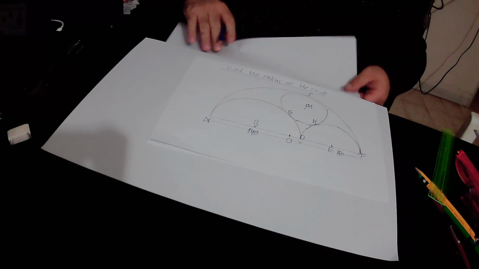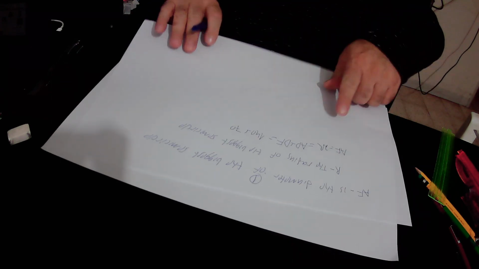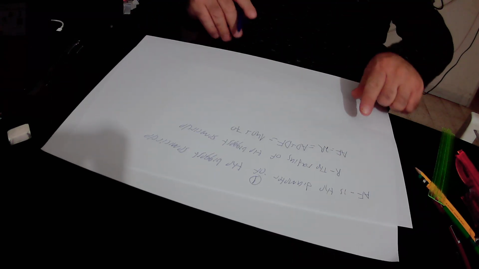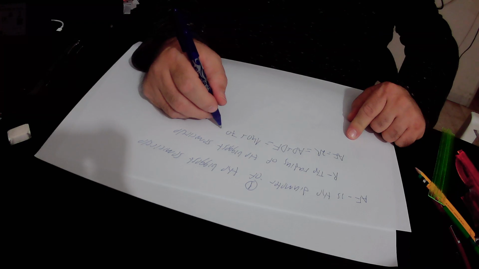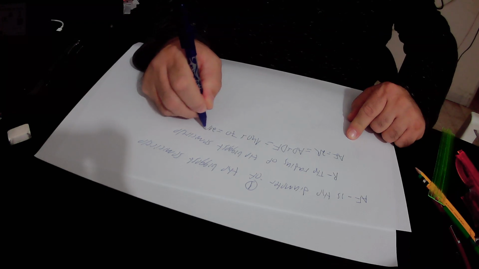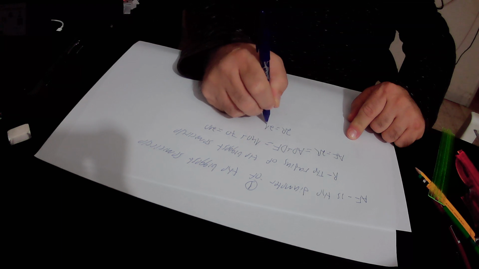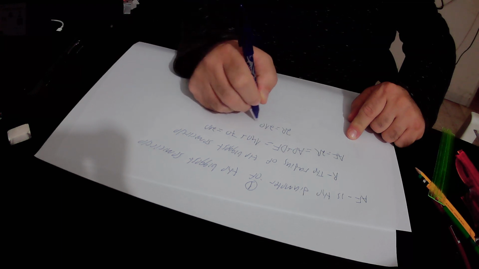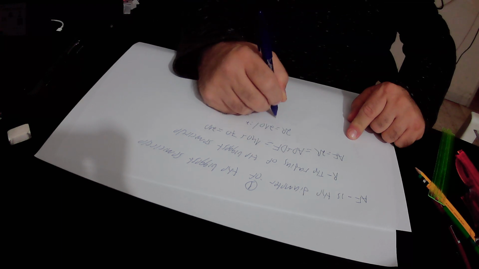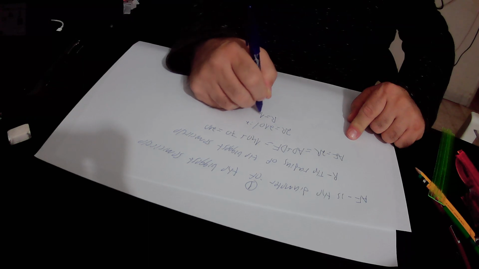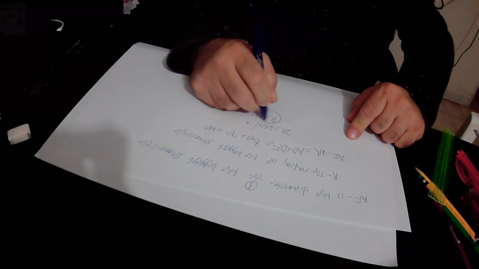So in conclusion, we found out that the diameter of the biggest semicircle equals 140 plus 70, that is 210 units. So 2R equals 210. Here we divide this equation by 2 and we get that R equals 105 units.